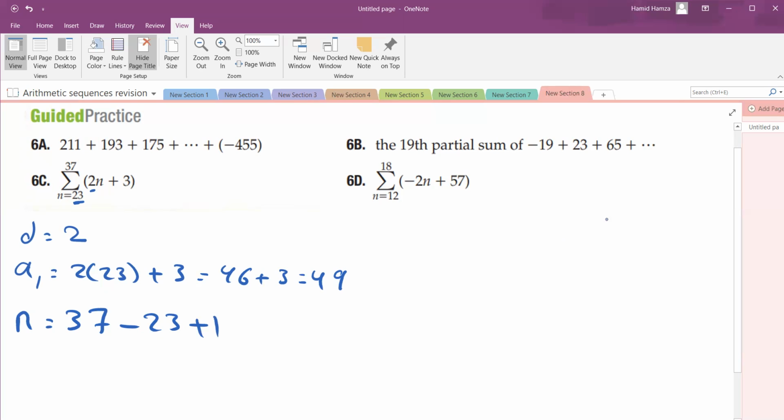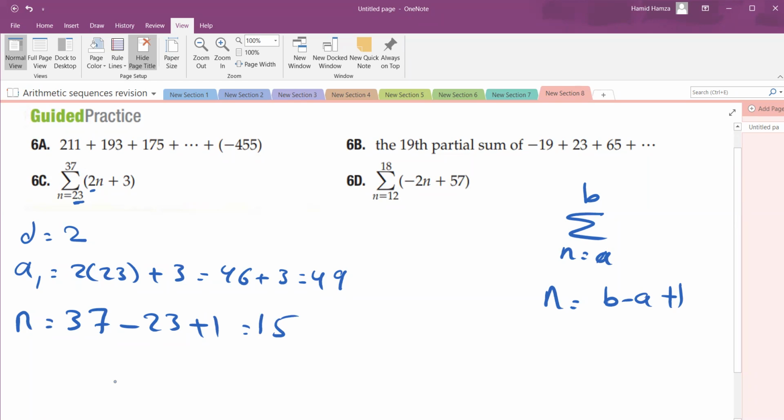It's a rule, guys: if you have n equals m, a, and b like this, then n, the number of terms, equals b minus a plus 1. So 37 minus 23 plus 1 equals 15. That means we will add 15 terms.